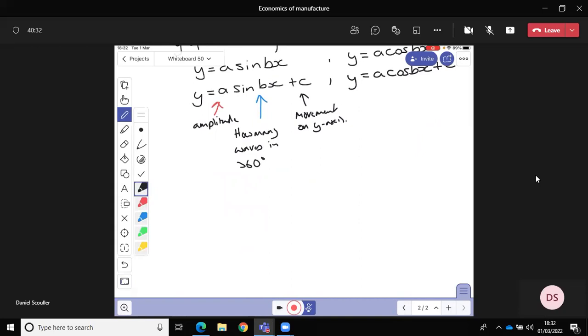Okay, thanks. So I'm not going to draw this out, but if I've got y equals sine 2x, that's telling me there's going to be two full waves in 360 degrees.